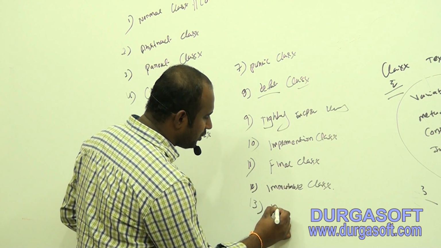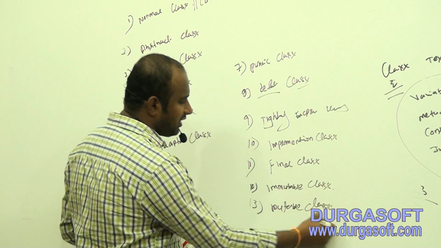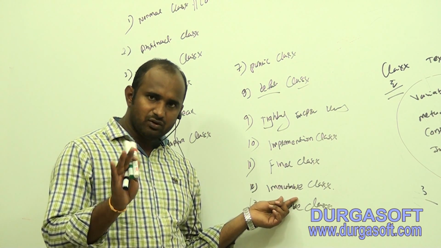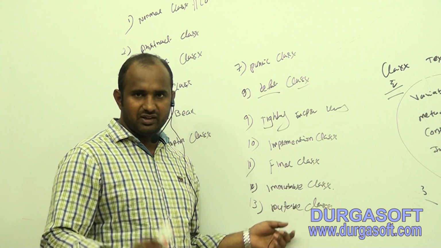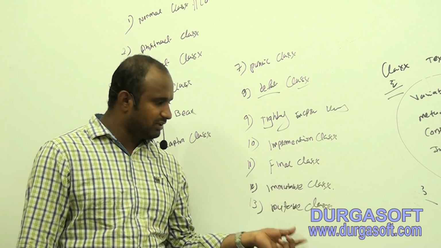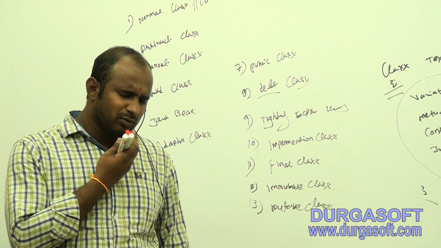Number 13, mutable class. What do you mean by mutable class here? Oh, sorry. Immutable means the class which does not allow modification. Mutable means the class which allows modifications. Don't confuse. In the string manipulations, I clearly explained these 2 points. What do you mean by immutable class?